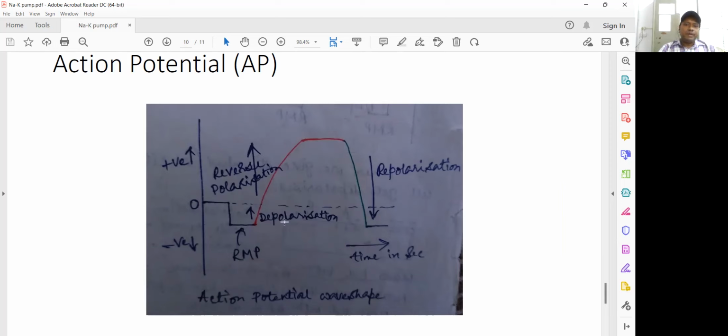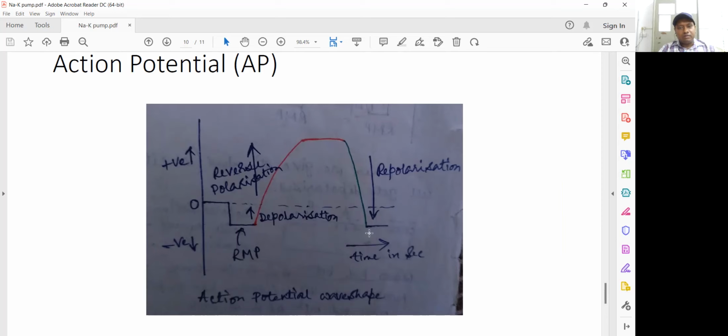Okay, so this particular action potential wave shape will have reversible conditions. First one is the depolarization. That means from minus 90 millivolt, the value is decreased towards zero, then increased towards some positive value, and this peak value will be retained for some time. Then it is trying to get back to its normal RMP.